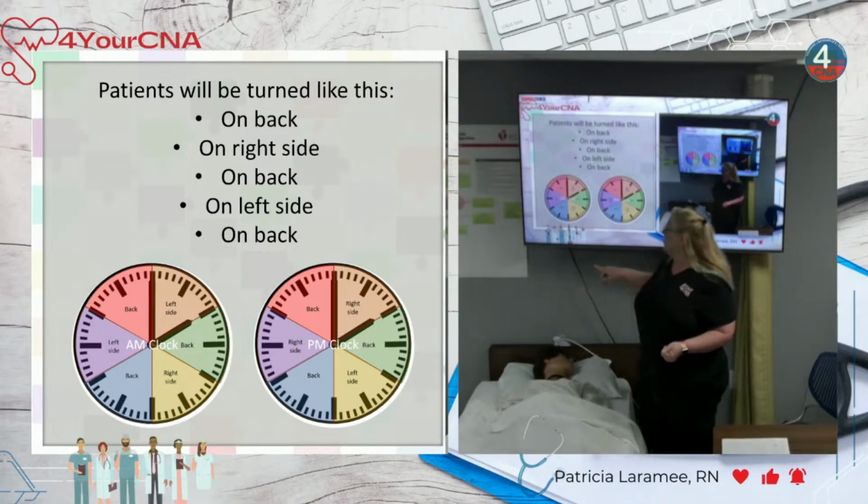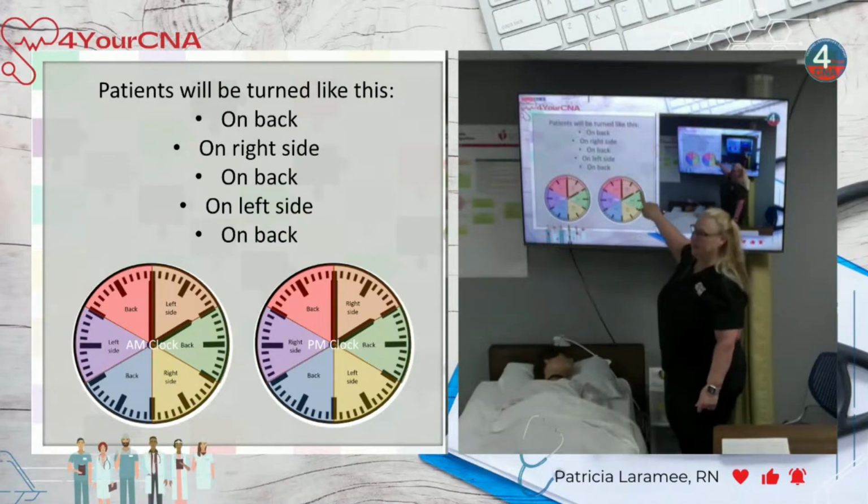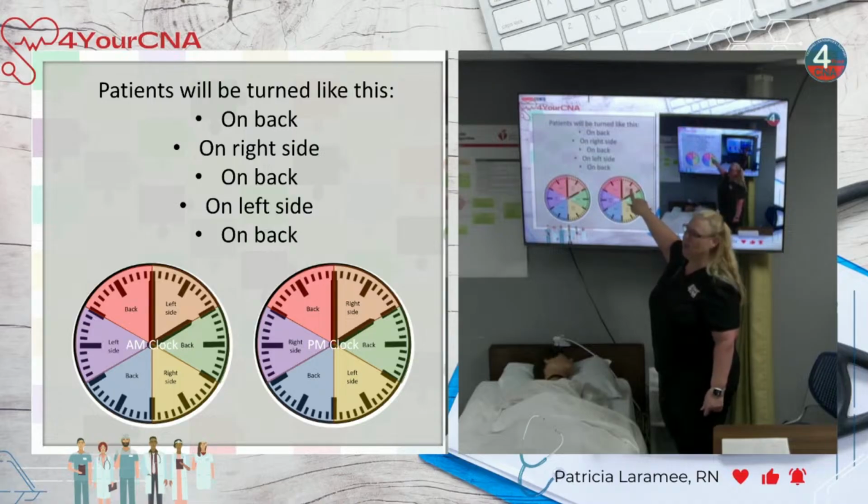Because a family can walk in the room at, let's say the family comes in at 2 o'clock in the afternoon. Okay. Let's say they come in a little before 2 and the patient's on their right side. At 2 o'clock, they know the patient needs to be back on their back.